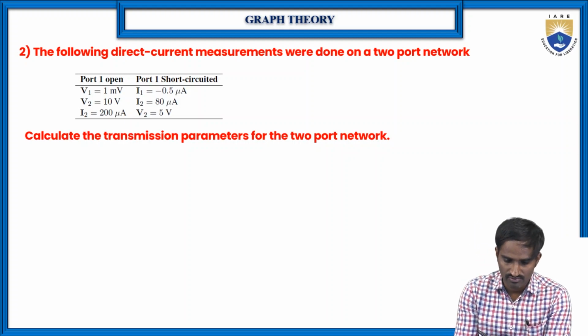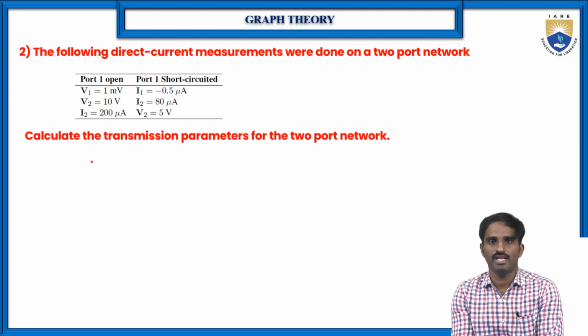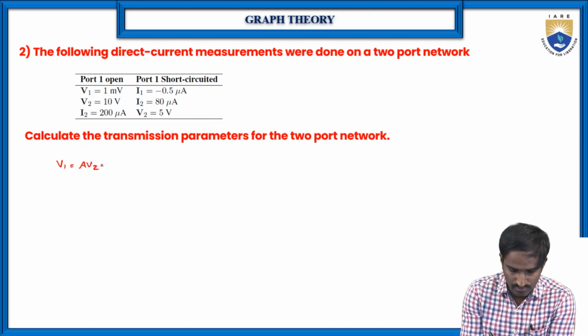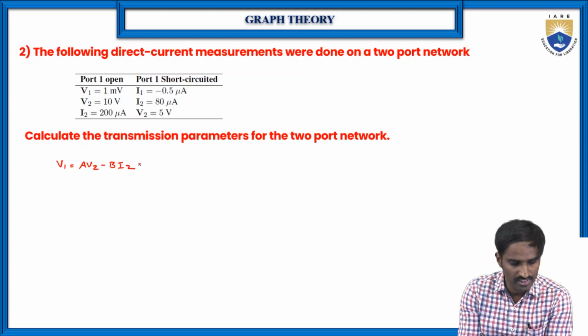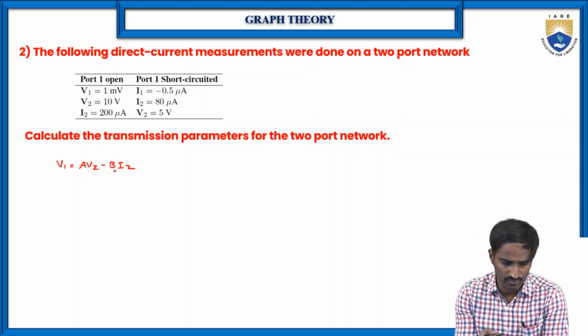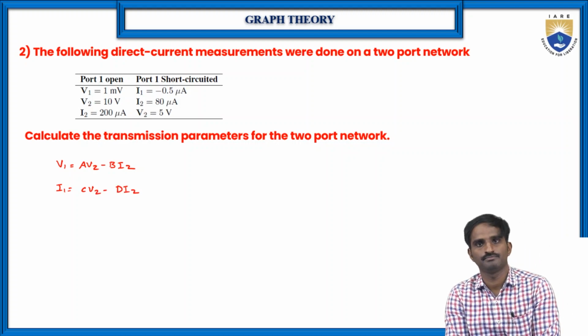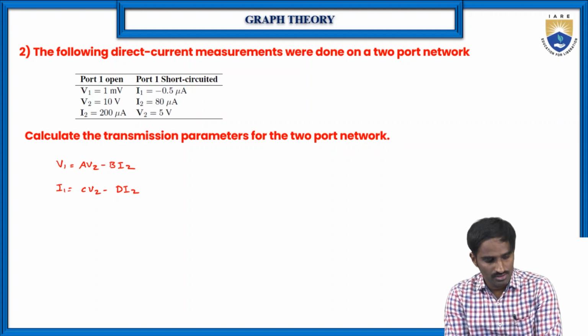So let me write those equations here, because the V1 and I1 equations we will use. First, V1 is equal to A into V2 minus B into I2, right? Then I1 is equal to C into V2 minus D into I2, right?